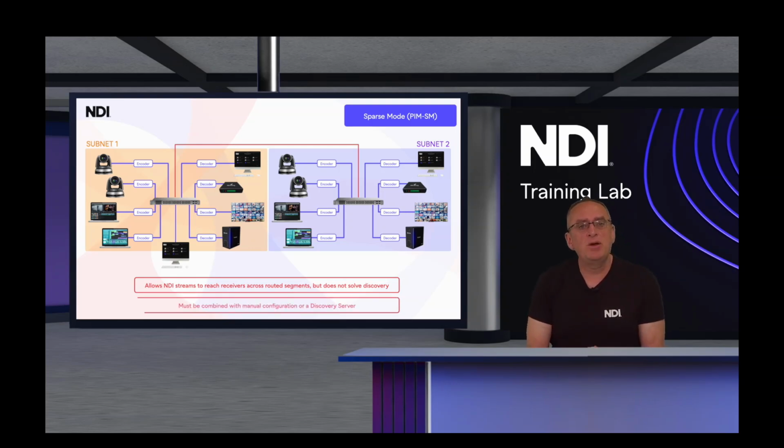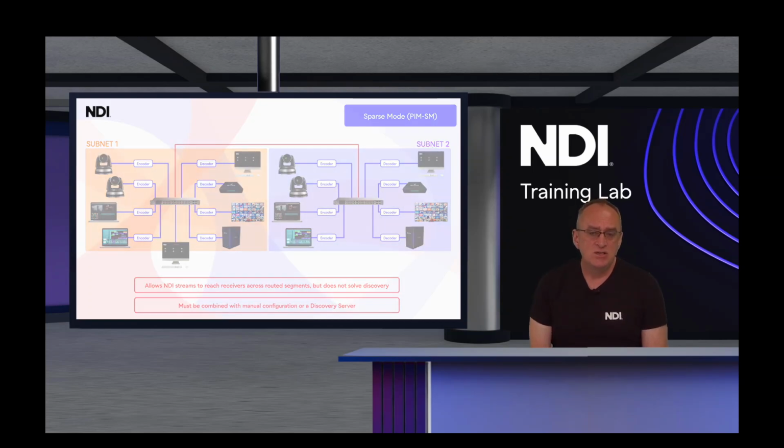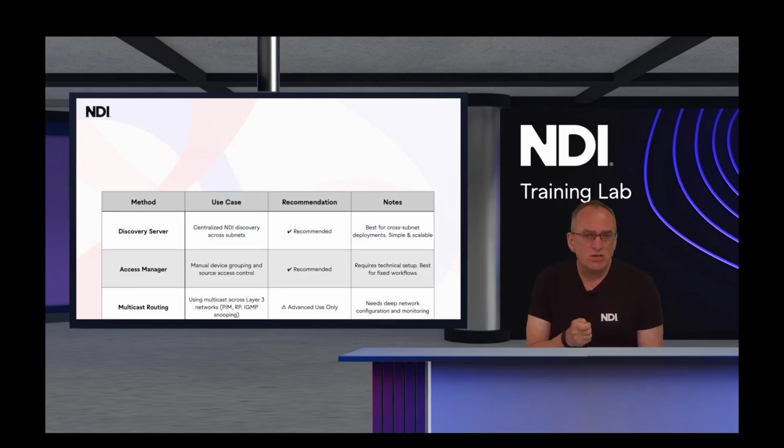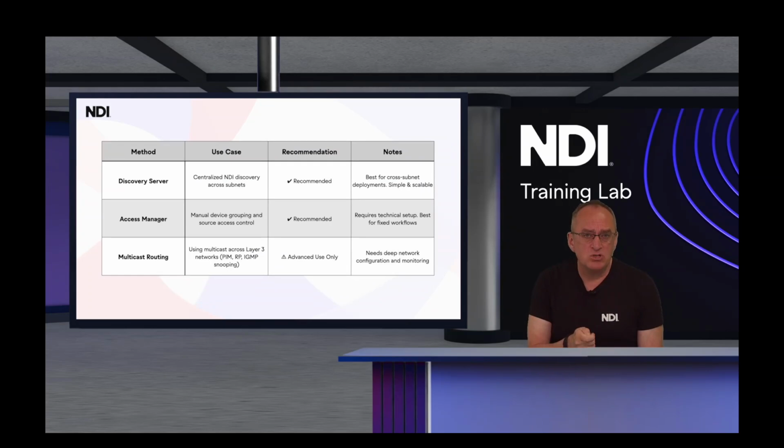It must be combined with manual configuration or a discovery server. So choosing the correct approach depends on your network topology and the scale of the deployment and whether multicast is being used for streaming. In all cases, reliable NDI operation across subnets requires thoughtful planning and coordination with network infrastructure.